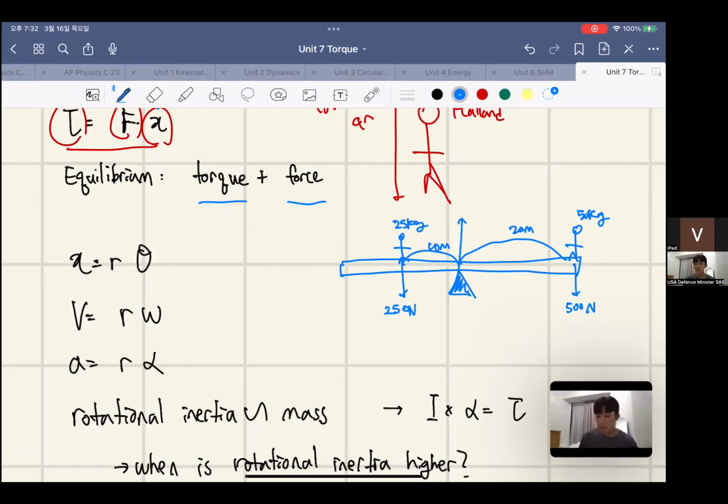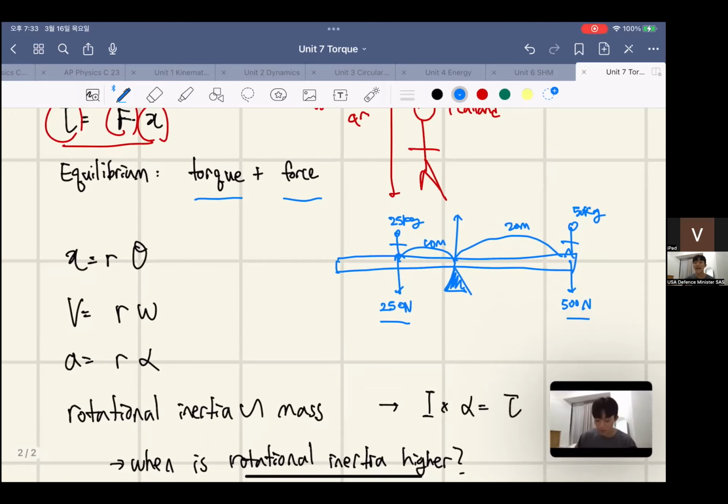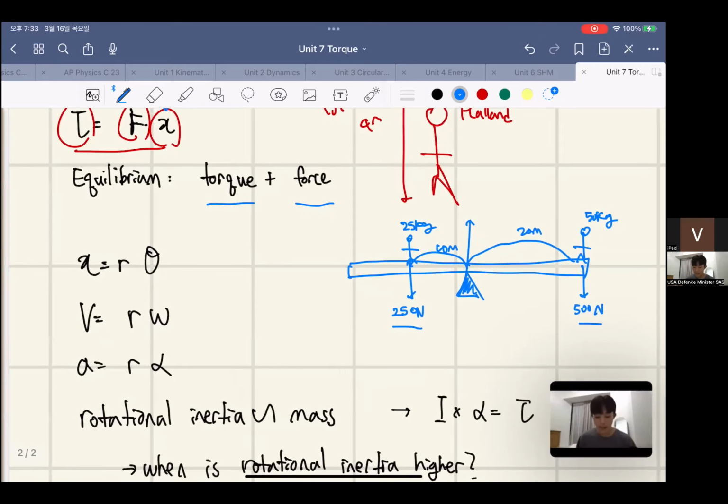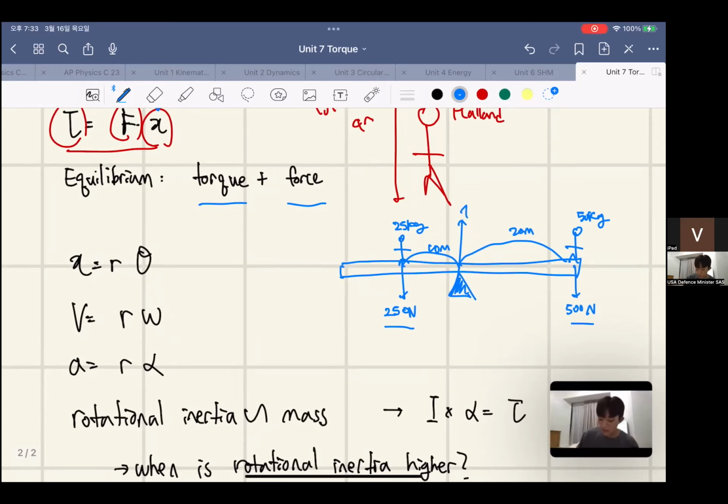And that should be equal to 250 plus 500 in order to cancel out the two and maintain equilibrium. Thus, the normal force will be 750 newtons. So we found a situation where this seesaw could maintain equilibrium in terms of vertical force.